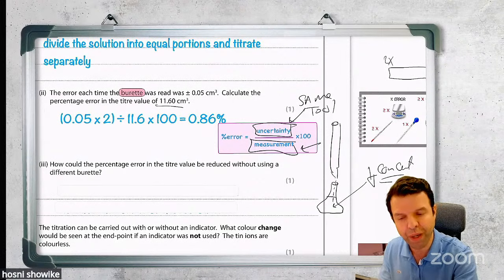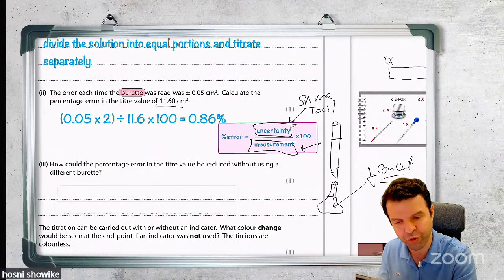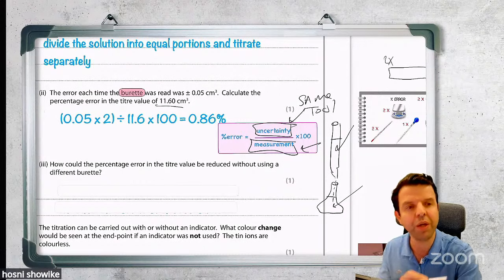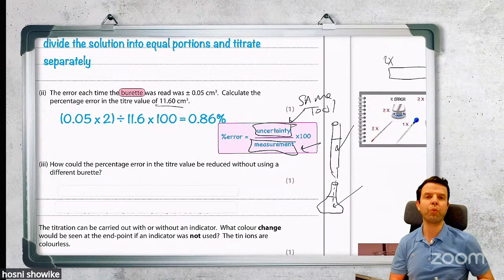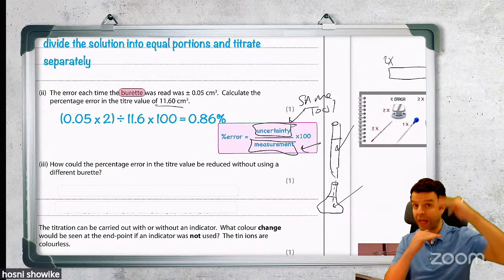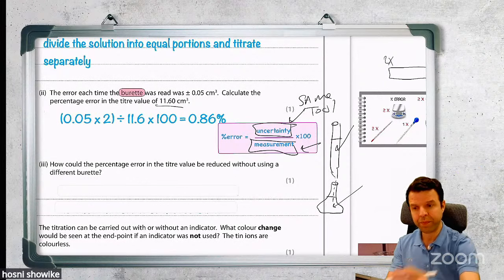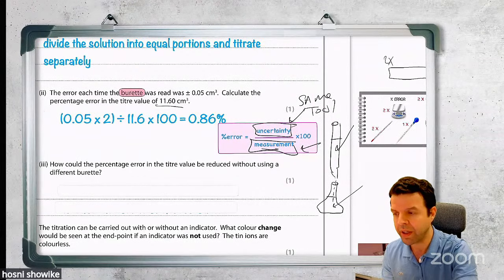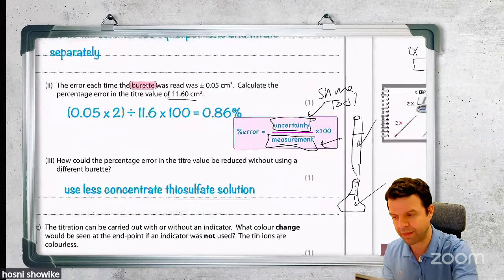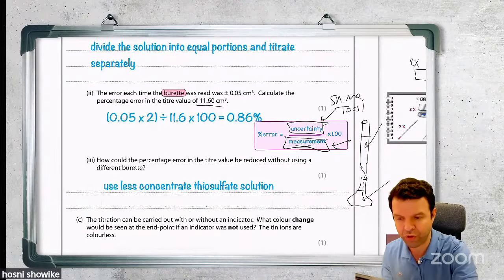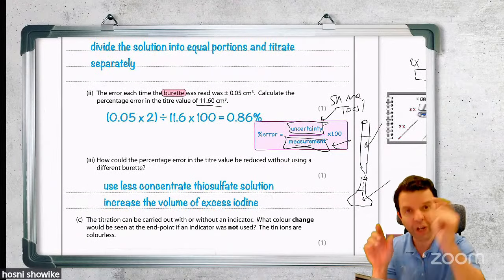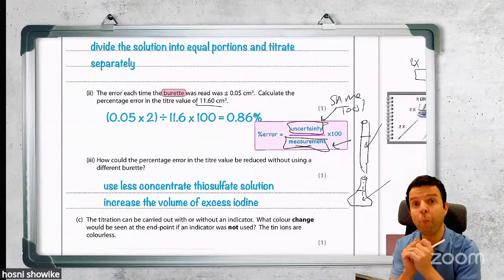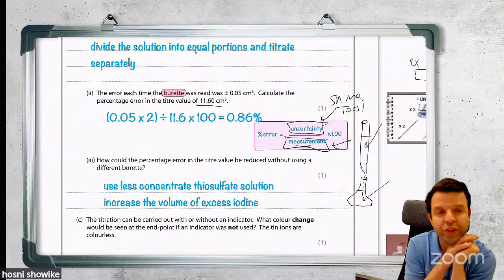The concentration of my titrant here is less, I should say. Then you're going to increase the volume of the solution you're pouring from your burette. So the greater the volume that I'm measuring, the lower the percentage error. And the best way to do it is to use a lower concentration of your titrant in your burette, because that means you're going to be pouring more and more of this solution.